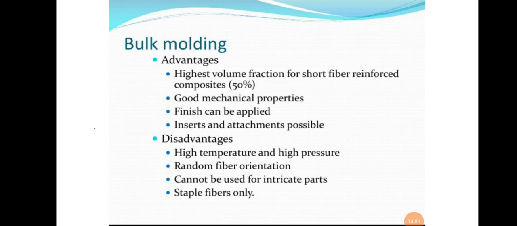Generally, by using this bulk molding, we get exactly parallel rods. We do not need decreasing and curved structures or step cutting after extrusion. And it uses staple fibers only. This is more related to this one.